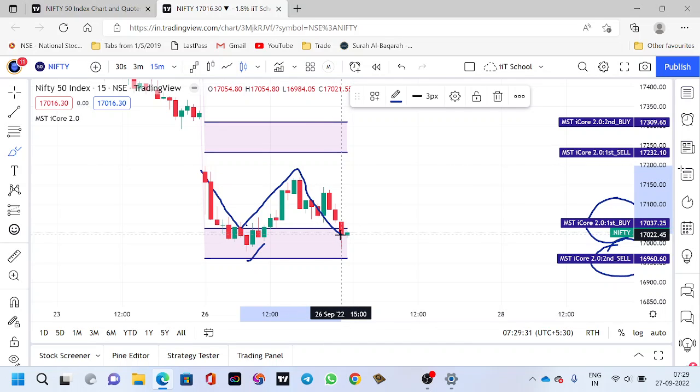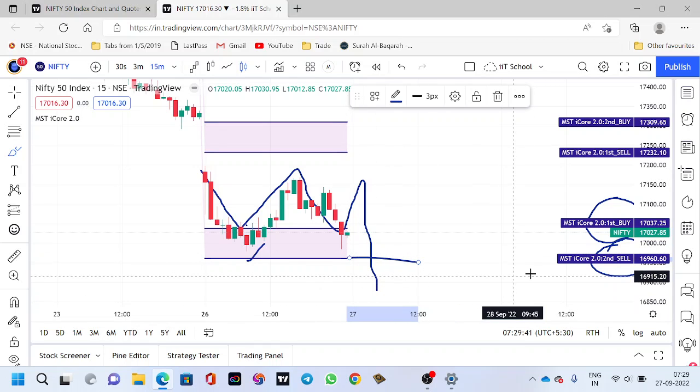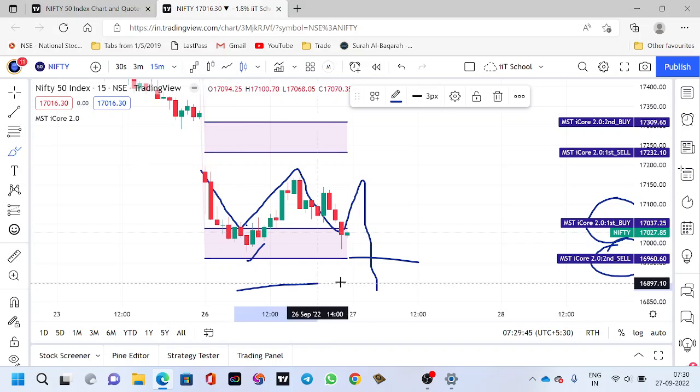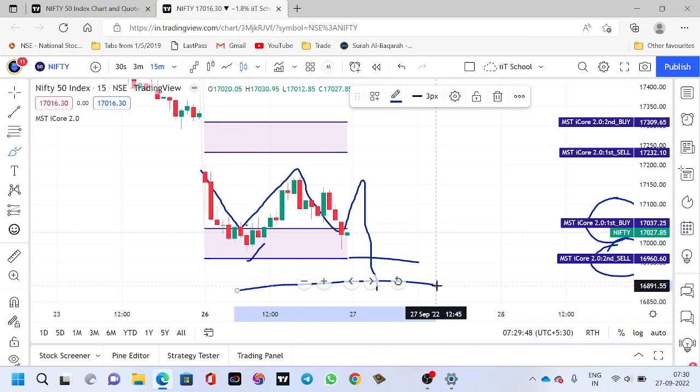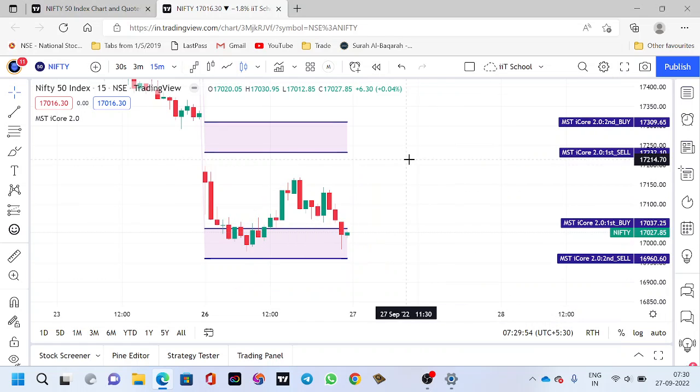Again there is a possibility that it will reverse. Again if it is not reversing, it will go further and our SL will be hit. If SL is hit and it goes further, our second sell will be activated. So we have to book the loss here and exit from the market. This is a very simple method. You don't have to worry about it.